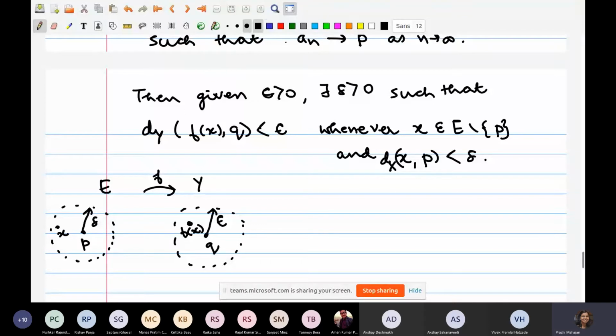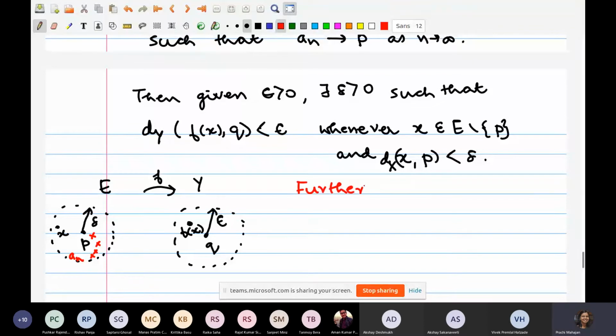Now, what are we given? We are given that the sequence an converges to P as n tends to infinity. Since the sequence an converges to the point P, we can always find a large n such that the an's are inside this delta neighborhood of the point P from some stage onwards. Correct? Is that okay? So I'm going to write that down.